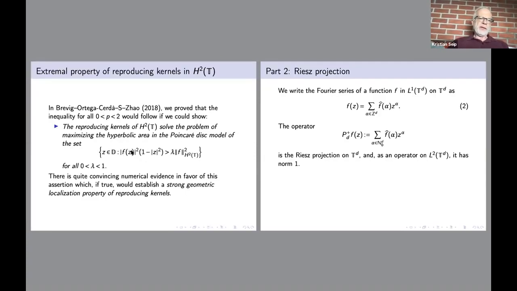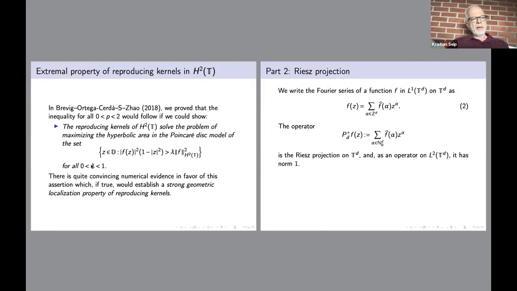So you take your function in H2, you put on a weight which corresponds to the normalized point evaluation in the space, and you fix some lambda lying between 0 and 1. If lambda is 1, the reproducing kernels will maximize the value of the point evaluation at the point. So then you will have equality in only one point.